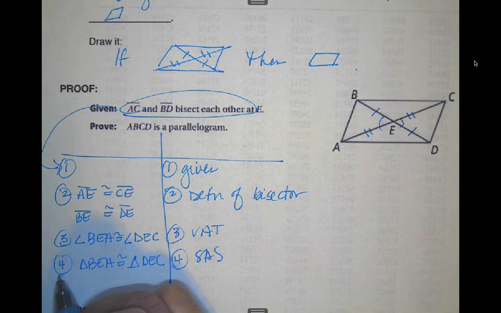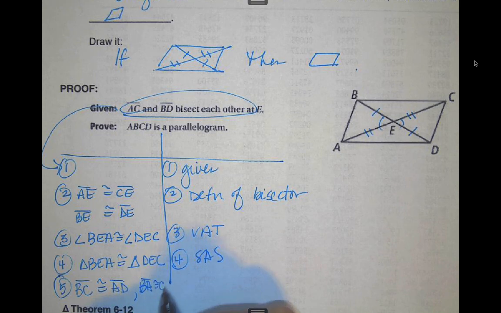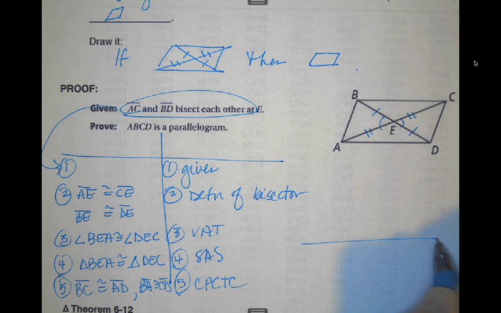And then I can say here that BC is congruent to AD, and I can say that BA is congruent to CD because of CPCTC.